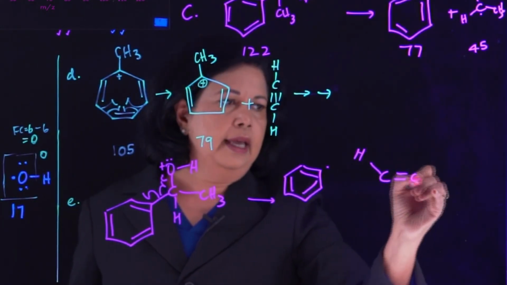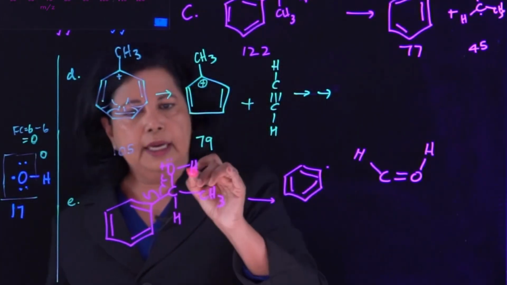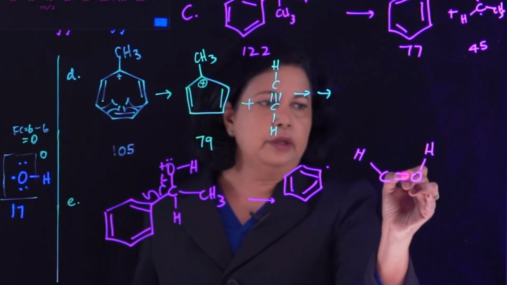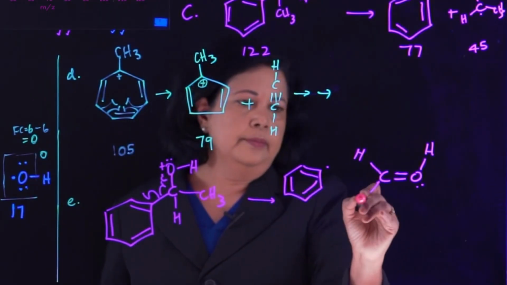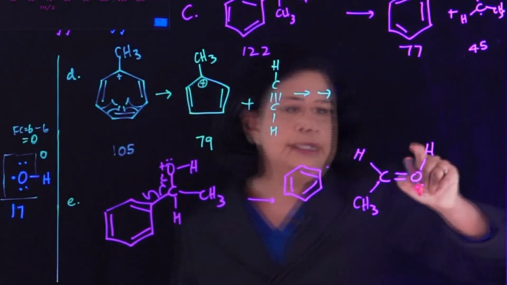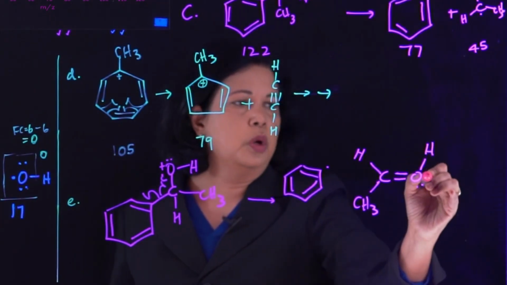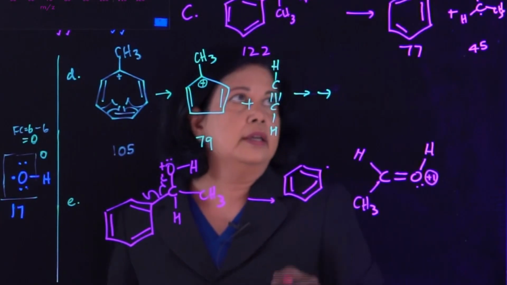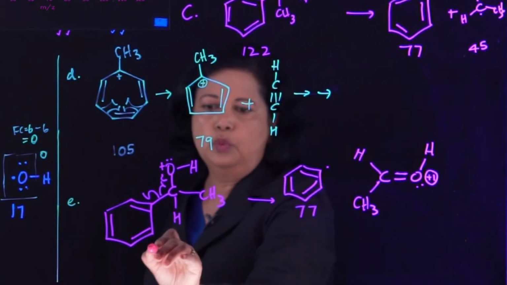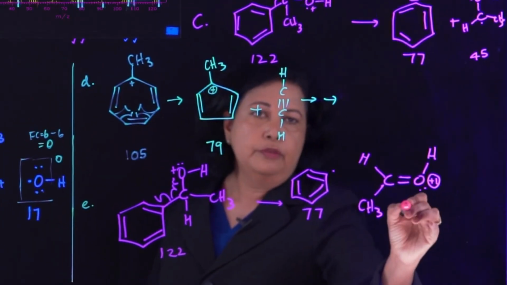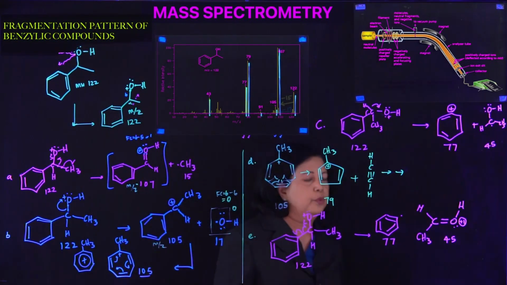The carbonyl can have the oxygen here, and since it's losing that lone unpaired electron to make a pi bond here, you would only have one lone pair here, and these would remain. Okay, and if you take this and do the formal charge, it's going to be 1, 2, 3, 4, 5. So 6 minus 5 is a +1. So that is going to be recorded on your mass spec, and this is 77, this is 122, and so that would be a 45. Well, 45, there is a teeny peak there, but the strong one is 43.